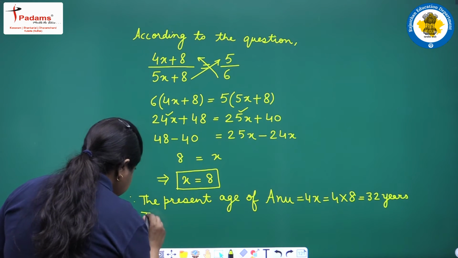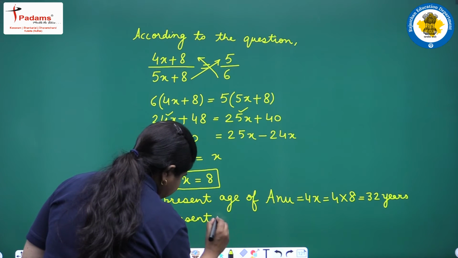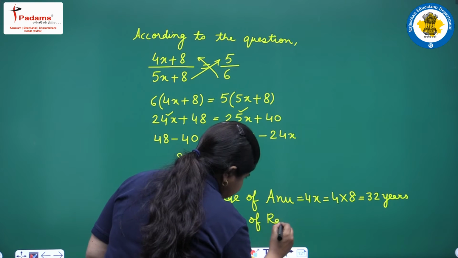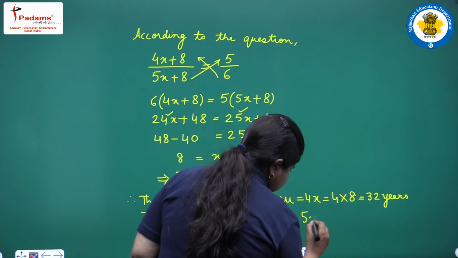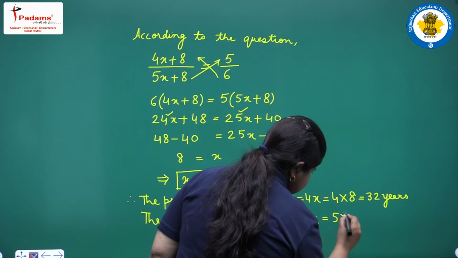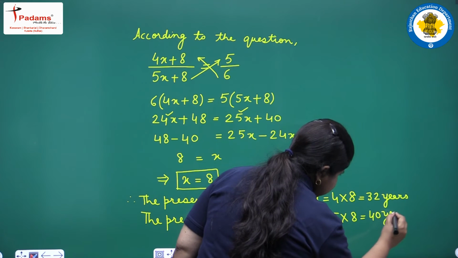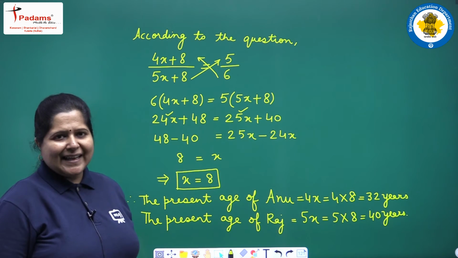Also, the present age of Raj was 5x years. So, 5 into 8, which is equal to 40 years. So, these are their present ages.